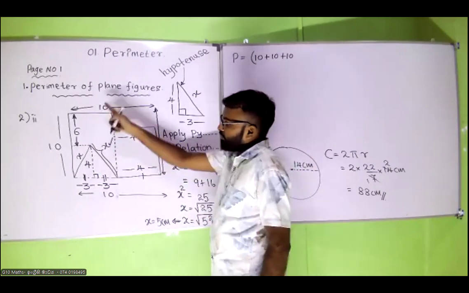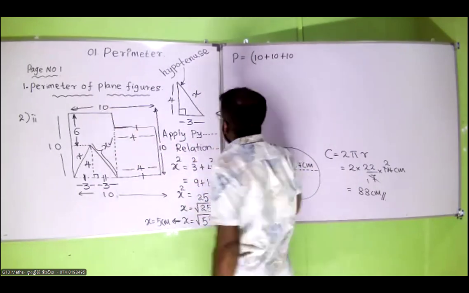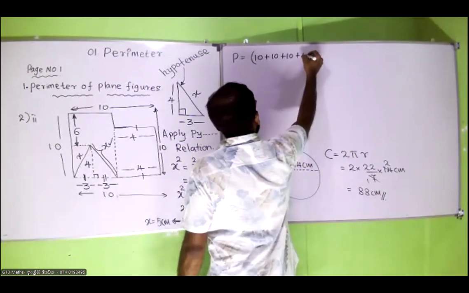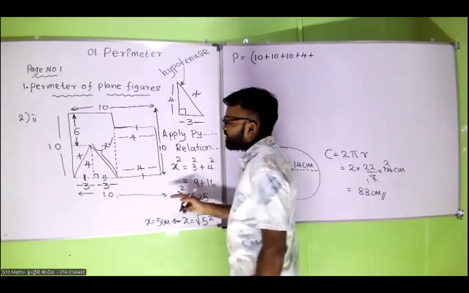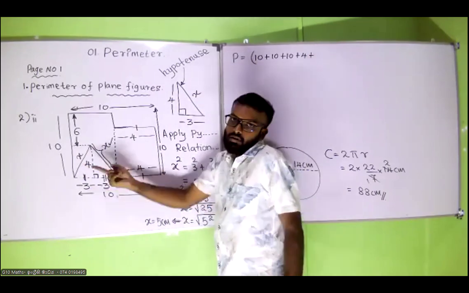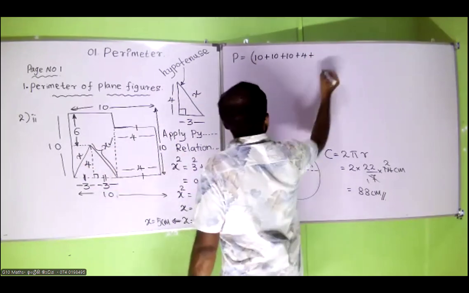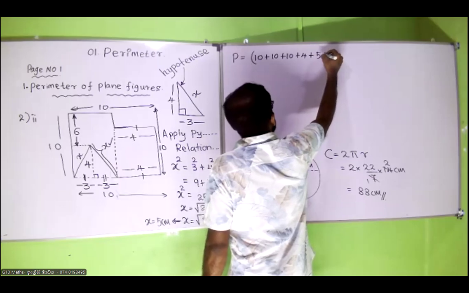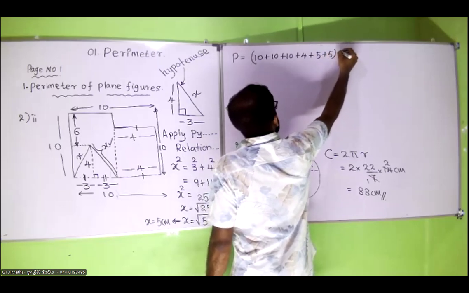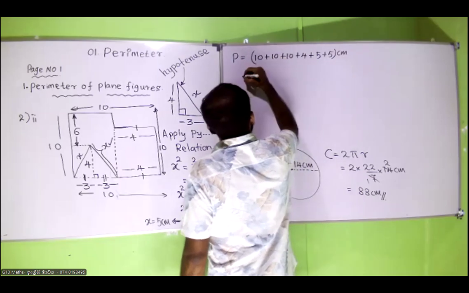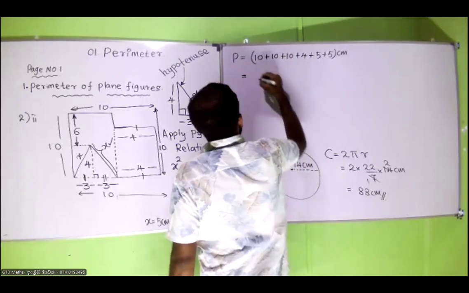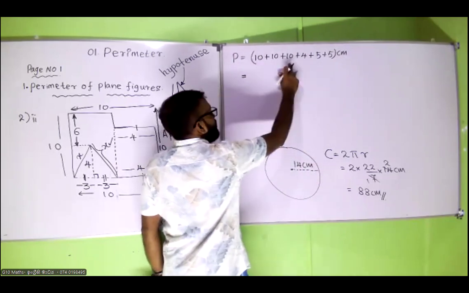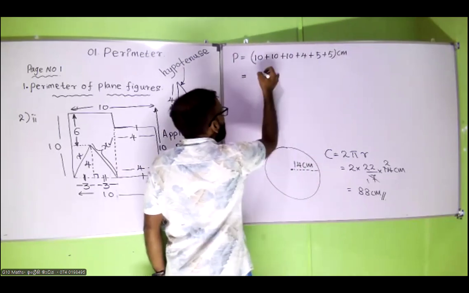And this length: 10 plus 10 plus 10 plus 4, or you can write 3 times 10, it doesn't matter, plus x plus x, 5 plus 5 or 2 times 5. Done. Centimeters. So 30, 40, 44.